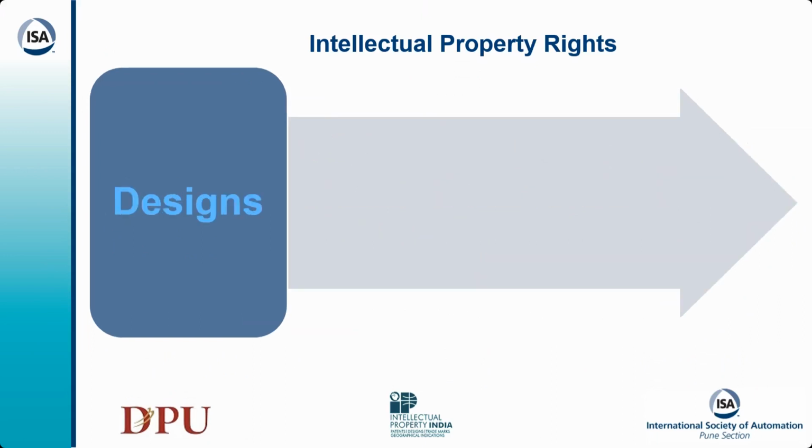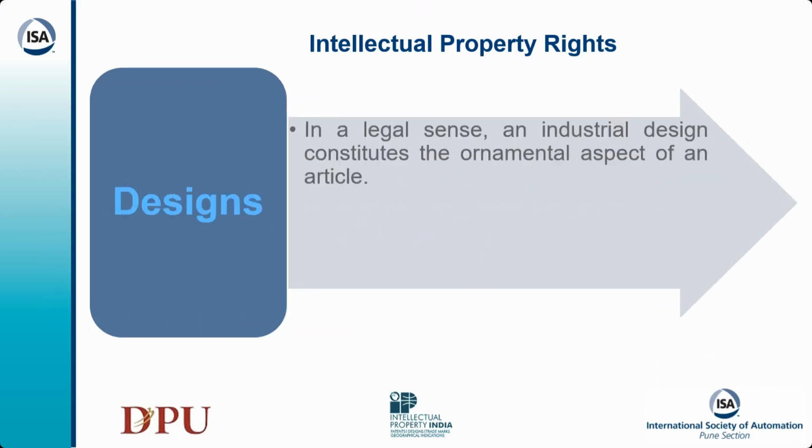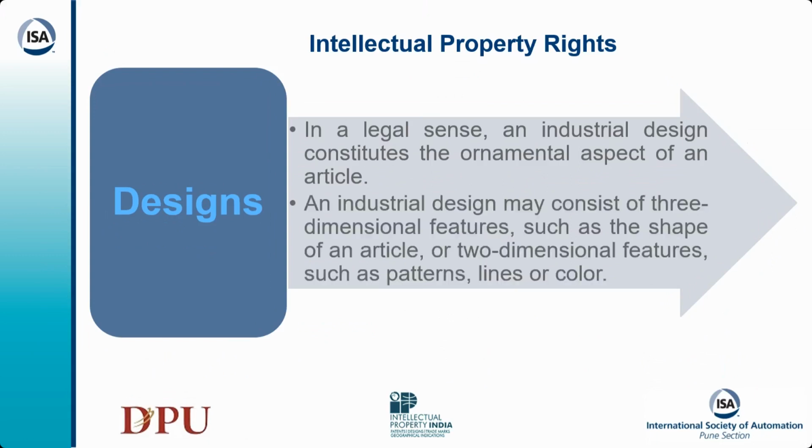Next is designs. In a legal sense, an industrial design constitutes the ornamental aspect of an article. So whatever design we are making, that design also can be patented. An industrial design may consist of three-dimensional features, such as the shape of an article, or two-dimensional features such as patterns, lines, or colors.